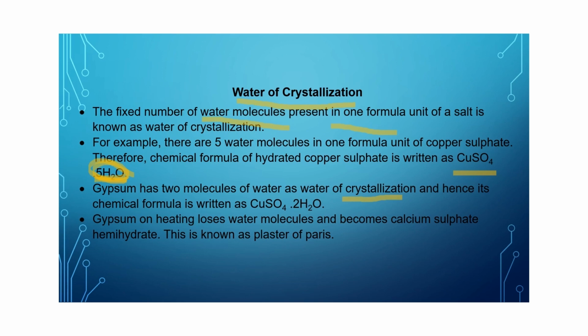Are you getting the point? Gypsum on heating loses water molecules and becomes calcium sulfate hemihydrate. Hemihydrate means 0.5 water. This is known as plaster of Paris. Yes, you know what is plaster of Paris. It is a very common substance.